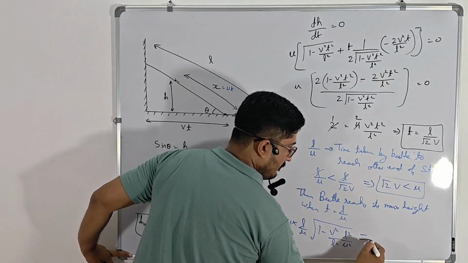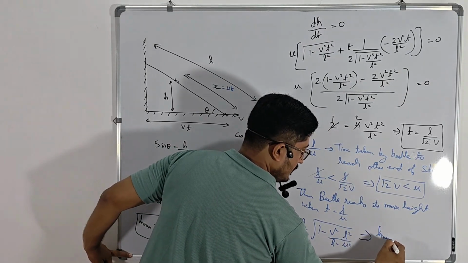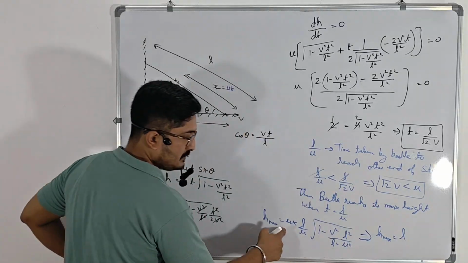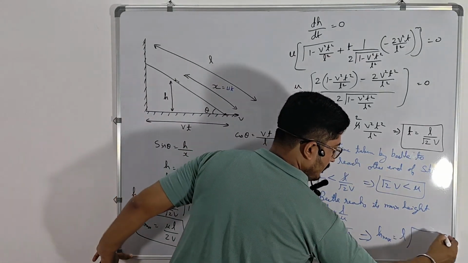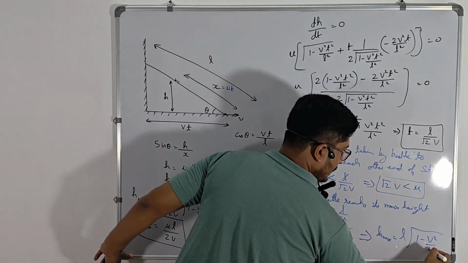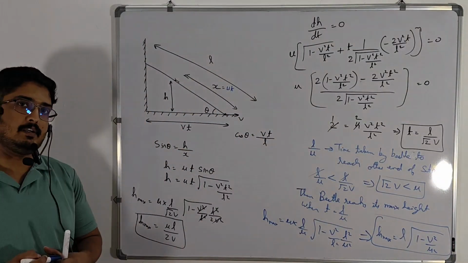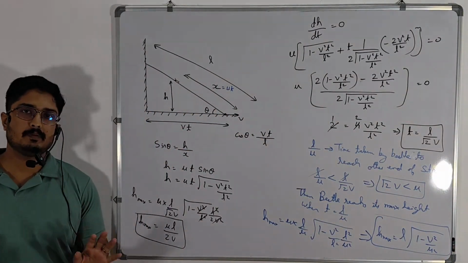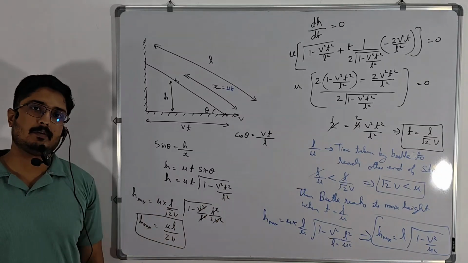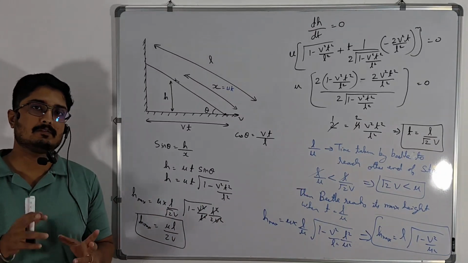So this would finally give me that H max equals L times under root of 1 minus V square by U square. So this is also a possible maximum height. Both the heights are possible, depending on the beetle's velocity.